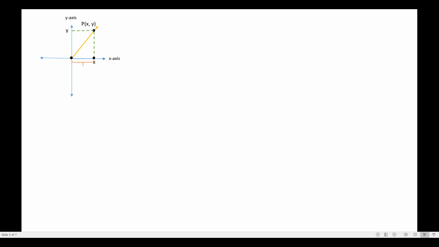And this length here, from the origin going to that point on the position of x, will be x units. We don't exactly know the length of that line segment; we know that it depends on the value of x. Then we have this value of y as well, but again we do not know that value, so we can just consider the variable y to represent that line segment.